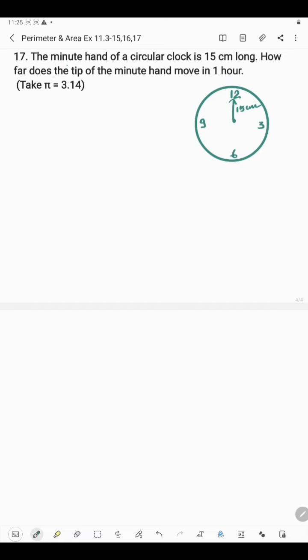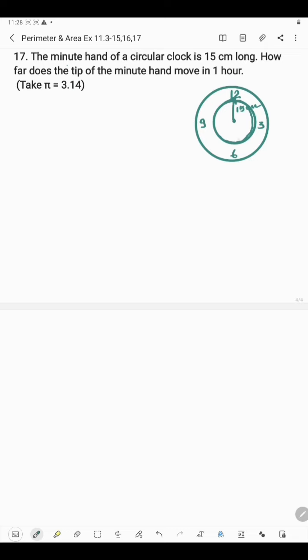Now the question is, how far does the tip of the minute hand, this is the tip of the minute hand, move in 1 hour? If the minute hand rotates like this, then after 1 hour it will reach the same position where it started. So after 1 hour it forms a circle.